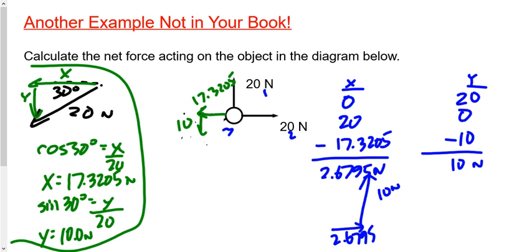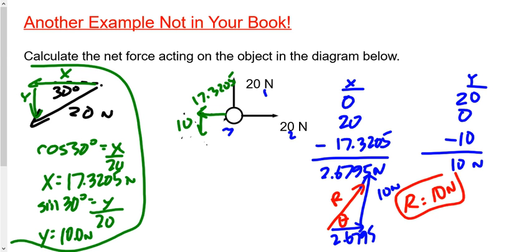And then our resultant vector goes from start to finish. R is equal to the square root of 2.67 squared plus 10 squared. That's 10.35, which actually rounds out to be 10 newtons.